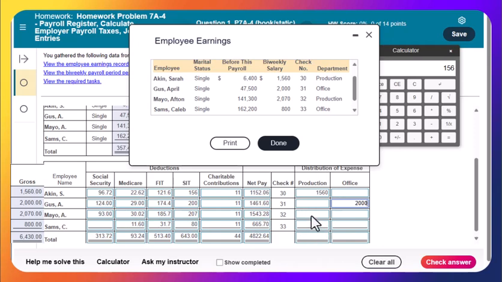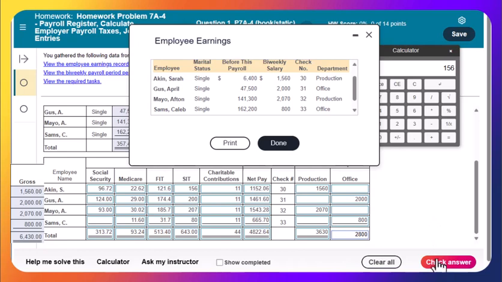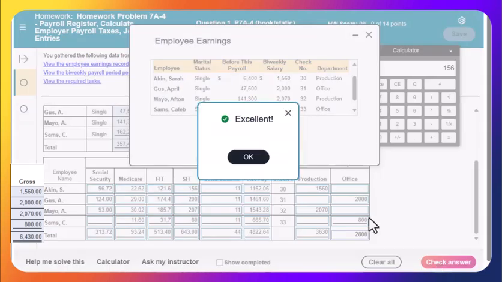Mayo will be production for 2070. 800 under office for Sam's. And then we'll total those up. So 3,630 here, 2,800 here for office. And then we can go and see how we did here. Excellent.